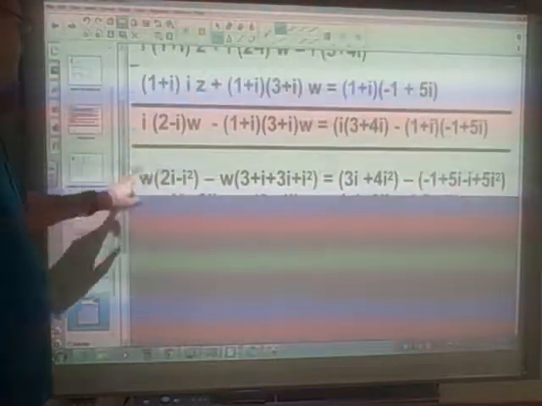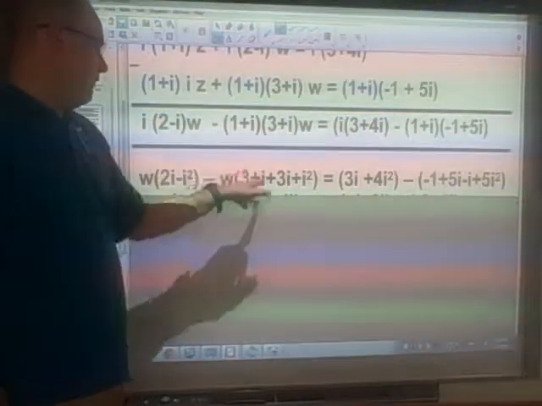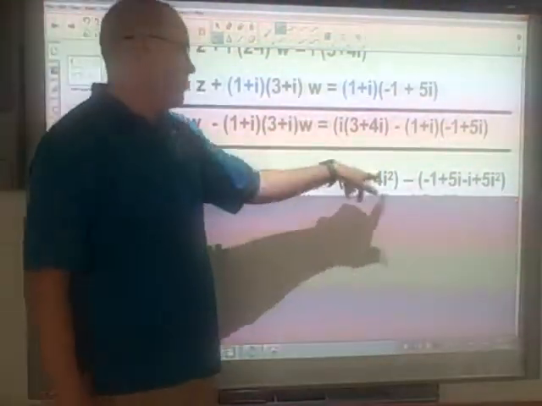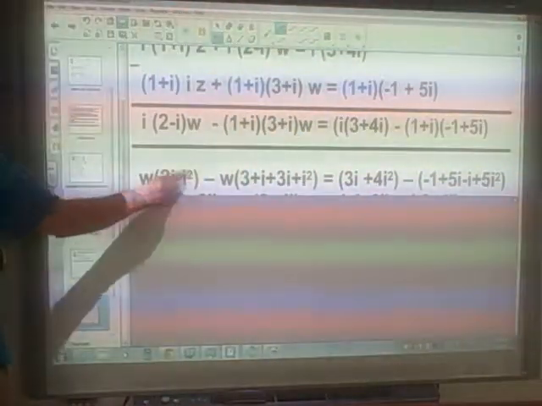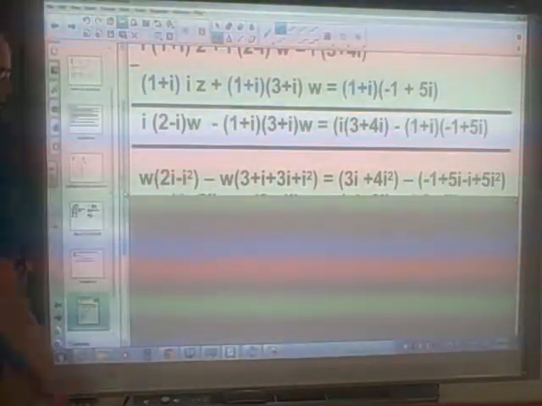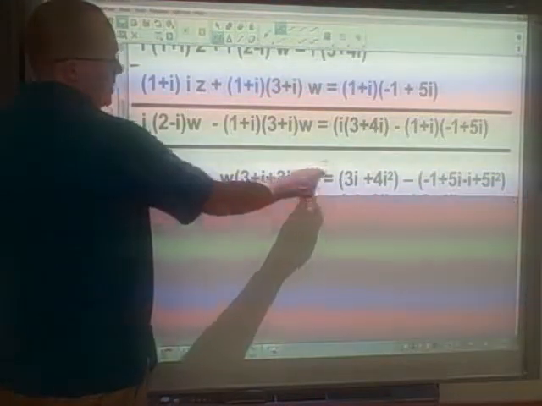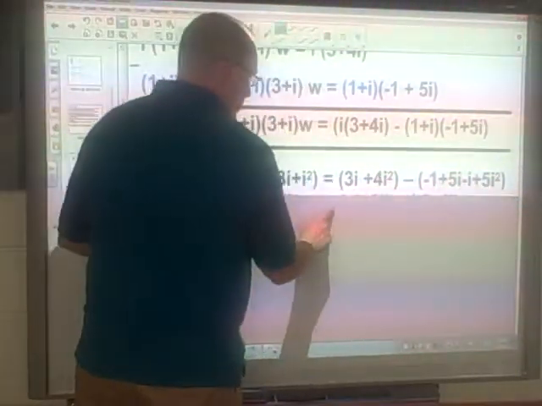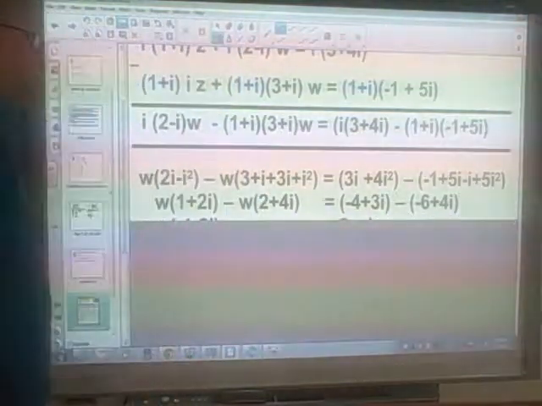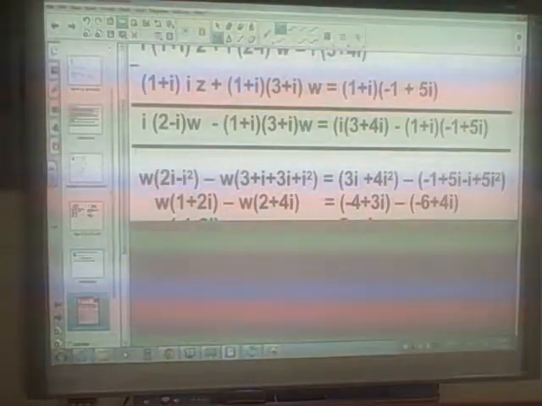So I distributed here, I applied FOIL here, distributed, and FOIL here. Now I can do some simplifying because I know i squared is negative 1. I can collect terms here, same thing, i squared is negative 1, negative 1, negative 1, collect terms. And then I've got to this stage here.